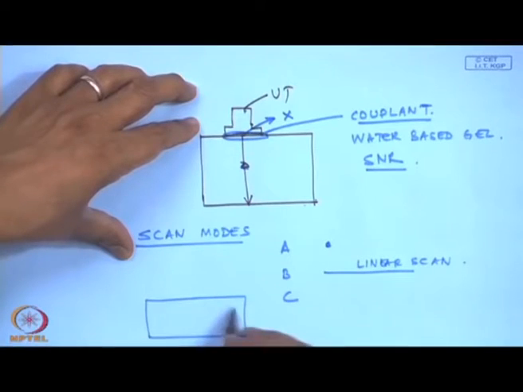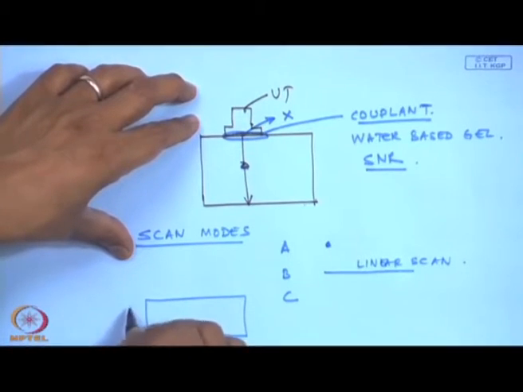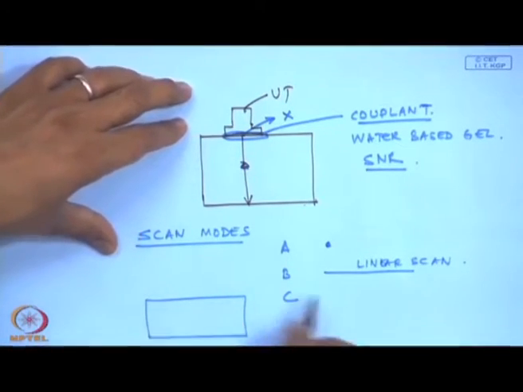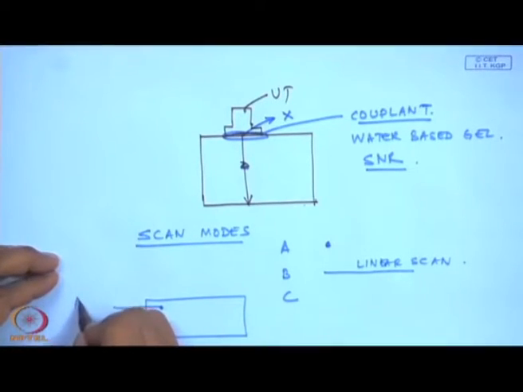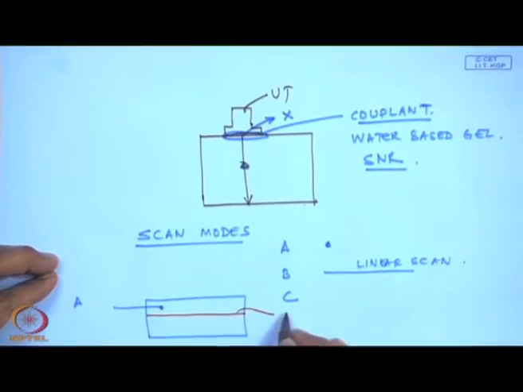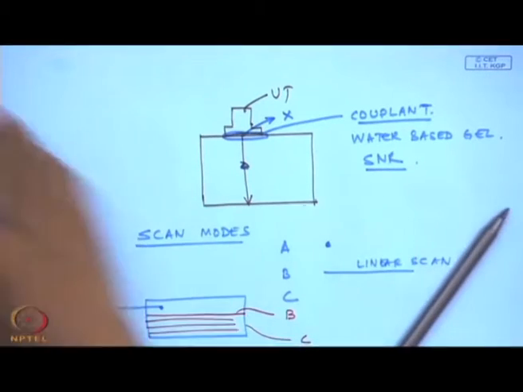Suppose this is a top view of a material. Okay. So, this is an A scan at any point, this could be a B scan, okay, and a series of such B scans will actually represent a C scan.